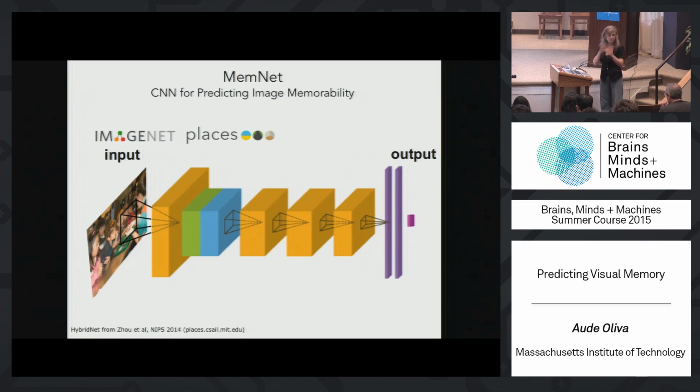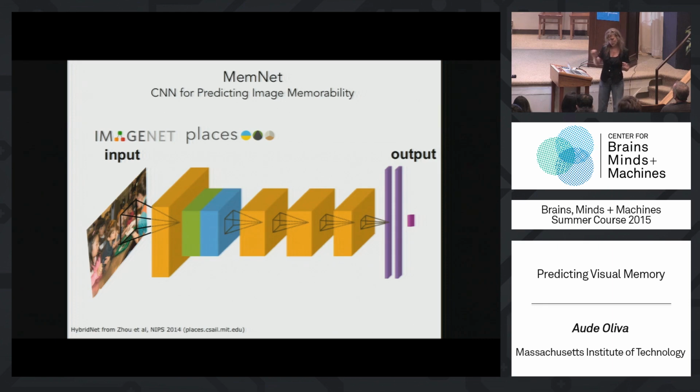There are many ways to do it, so we just did it one way to have a very first model of visual memorability at the level of human. The paper is in revision and will be out in a few weeks, and you're going to be able to download the images, the model, and so on. Again, this is model number 1, and we hope that a better model can then be made.